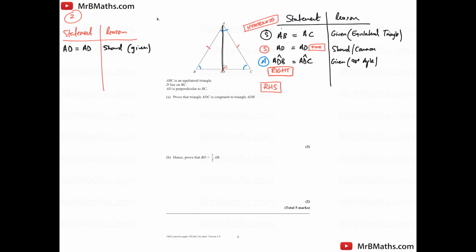Then we could say that angle ABD, so that's this one right here, okay, which is 60 degrees, equals this one here. So that would be ABD equals ACD.